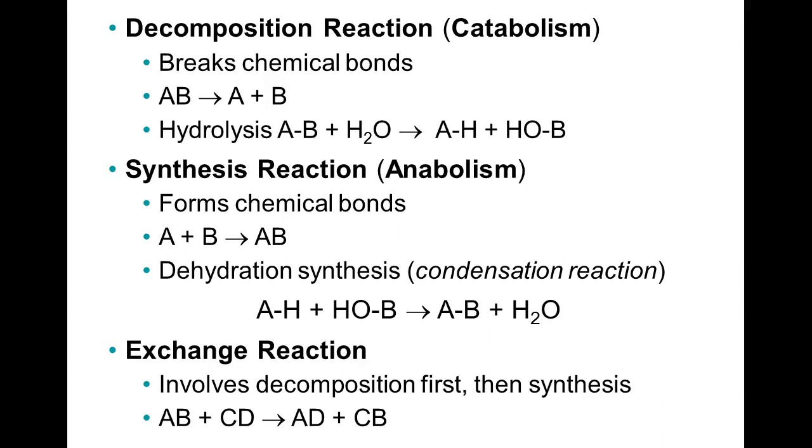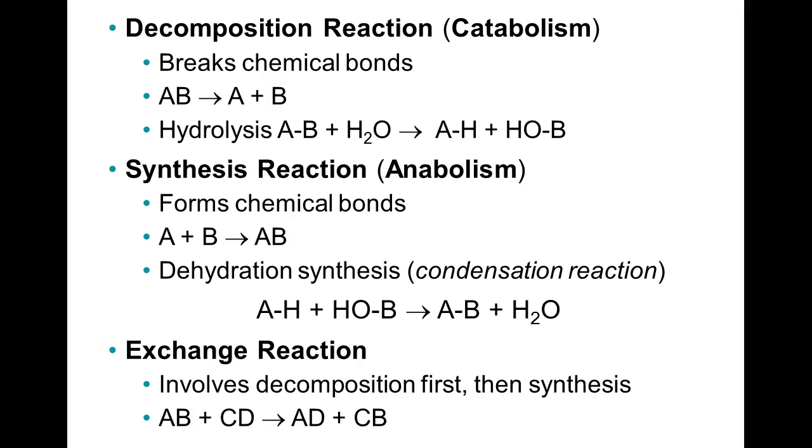So you take the products of that decomposition reaction, the A molecule bonded to H, and the HO, which is a hydroxyl ion, bonded to B, and then you take them through the chemical reaction, you get the AB bonded again, and then water as a byproduct. So AB as a compound and water.